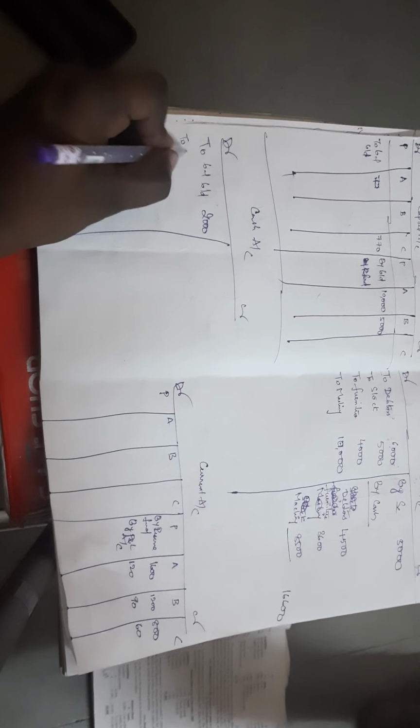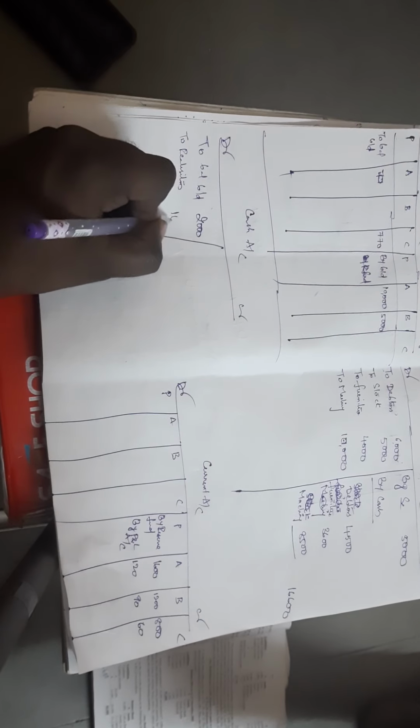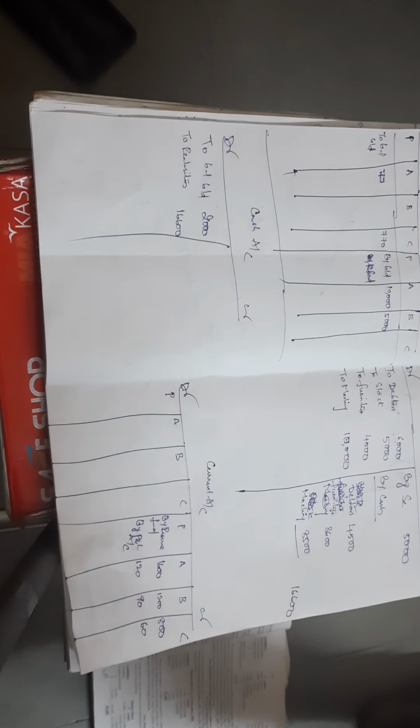Total amount is 16,600. Again in cash account, so to realization, 16,600 is the amount in realization account.